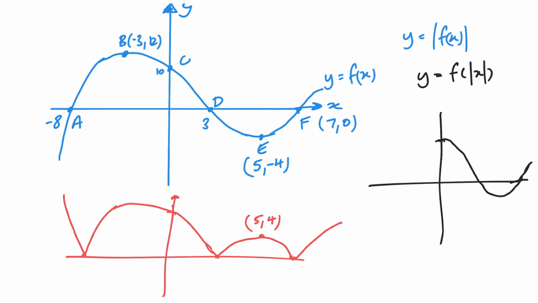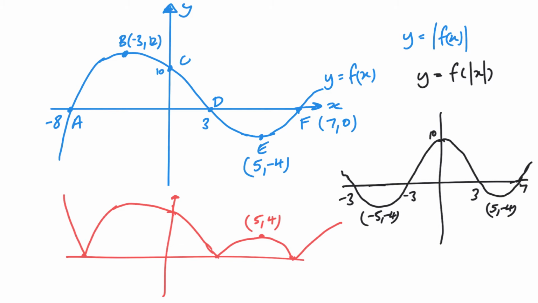So it's going to come down and back up. And then your values are nice and easy. 3, -3. That one's at 7, that one's at -7. This is at 5, -4. This is at -5, -4. This now is crossing at 10. Okay, and it's nice and straightforward.